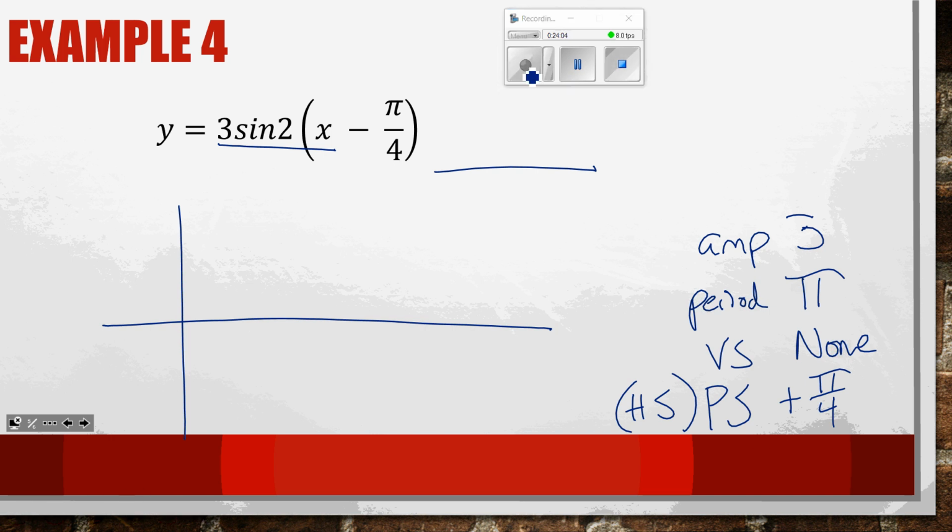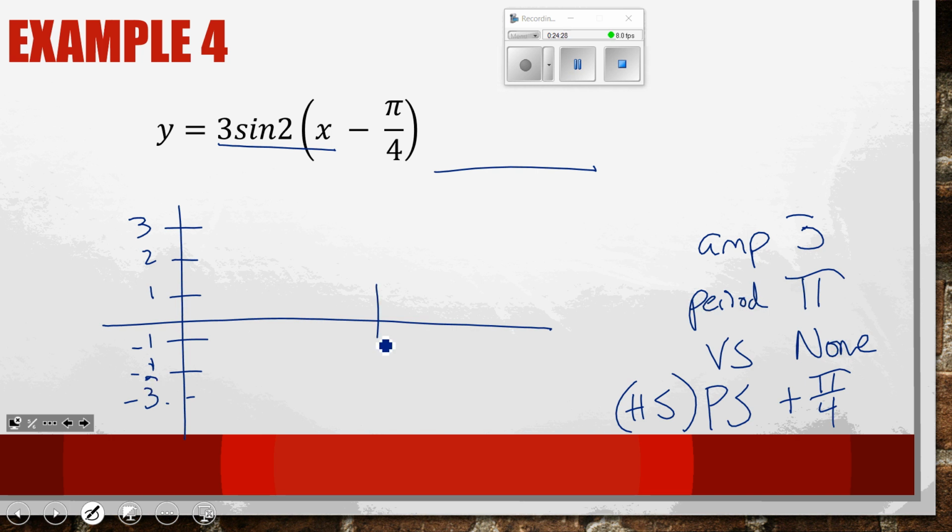Okay, here we go. So we know we're going up to 3. 1, 2, 3. 1, 2, 3. Okay. We know that our period is pi. So for this one, you could use the whole method that you normally use.